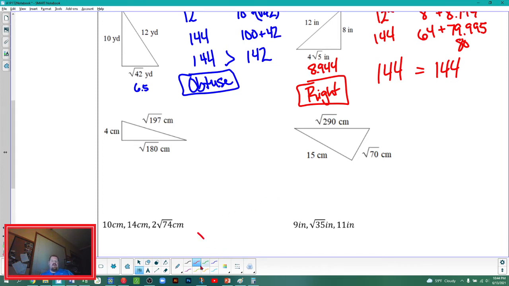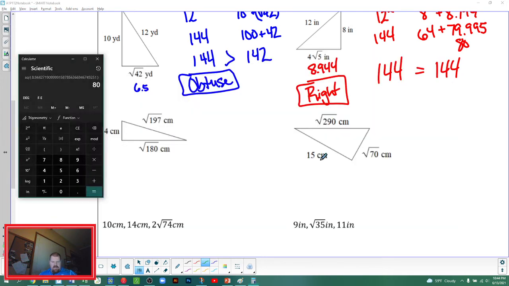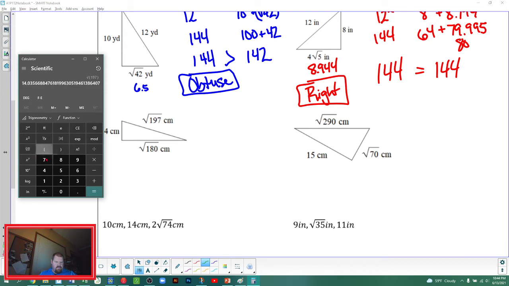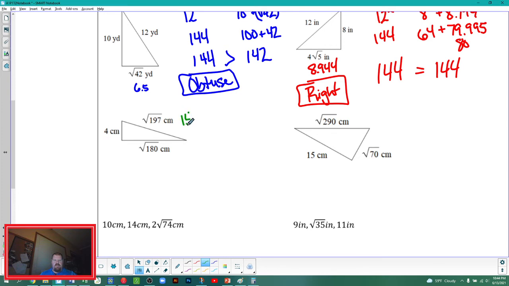In the next one here, I don't really want to trust the picture, I want to get a feel for how big these numbers are. So I'm going to grab my calculator and look at the square root of 197, and it's 14.036, just to keep 3 numbers.